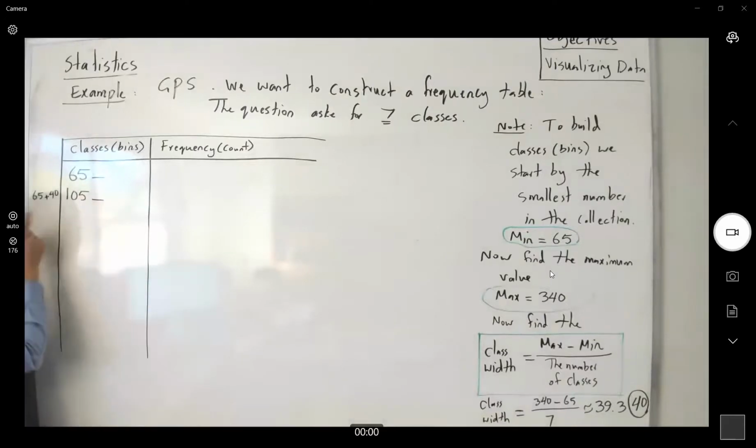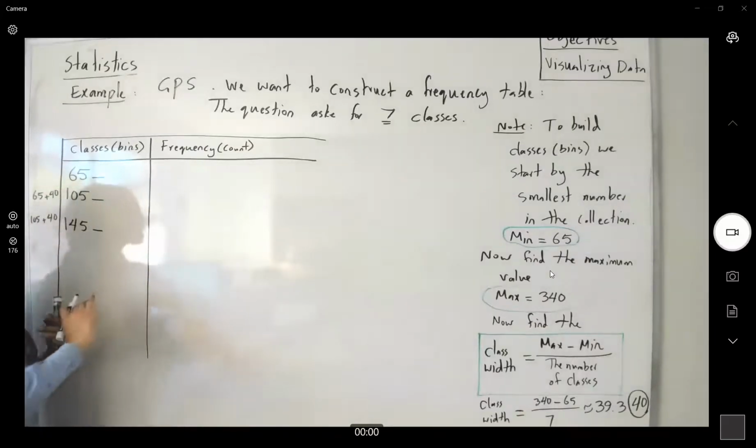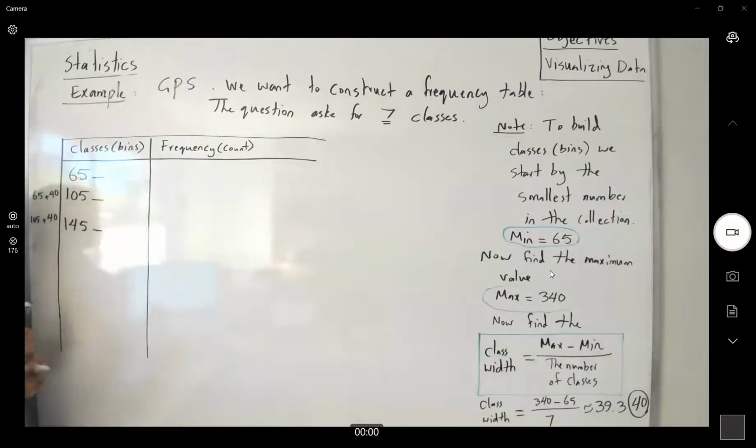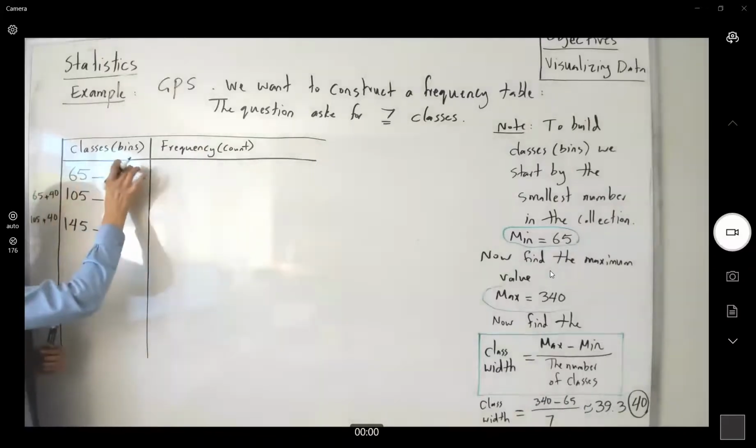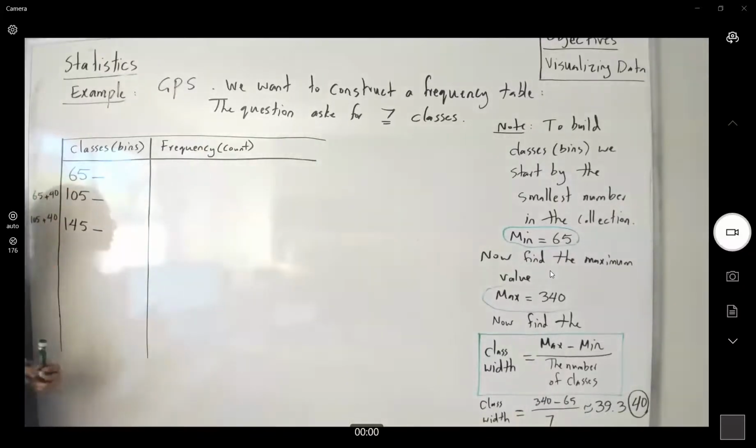Your next class is 105 plus 40, which is 145. I'm just writing the very first number in each class. Of course, you can guess what is the next number in your class.